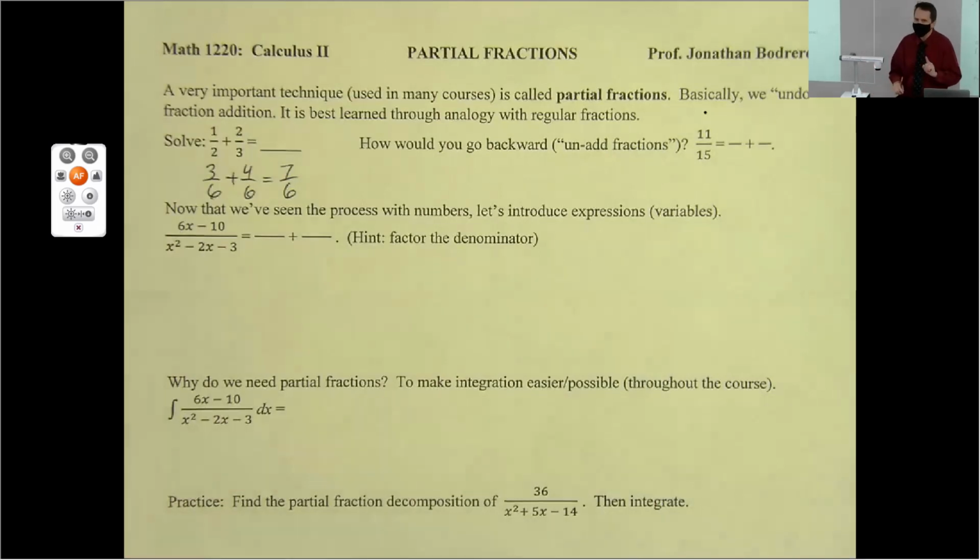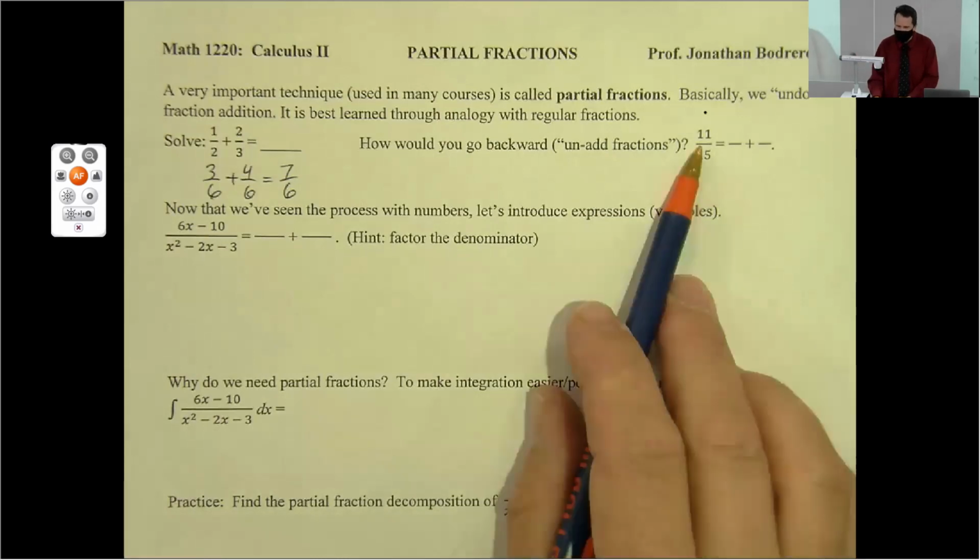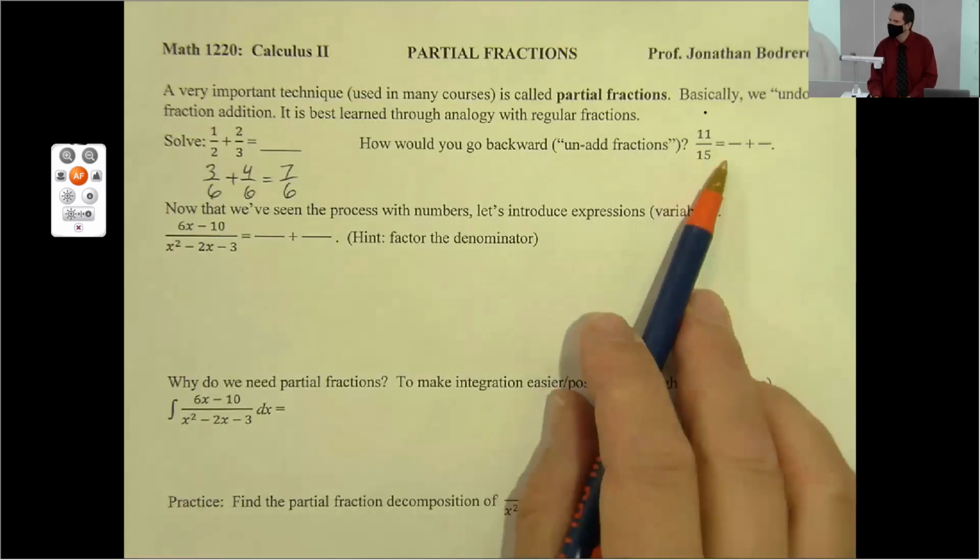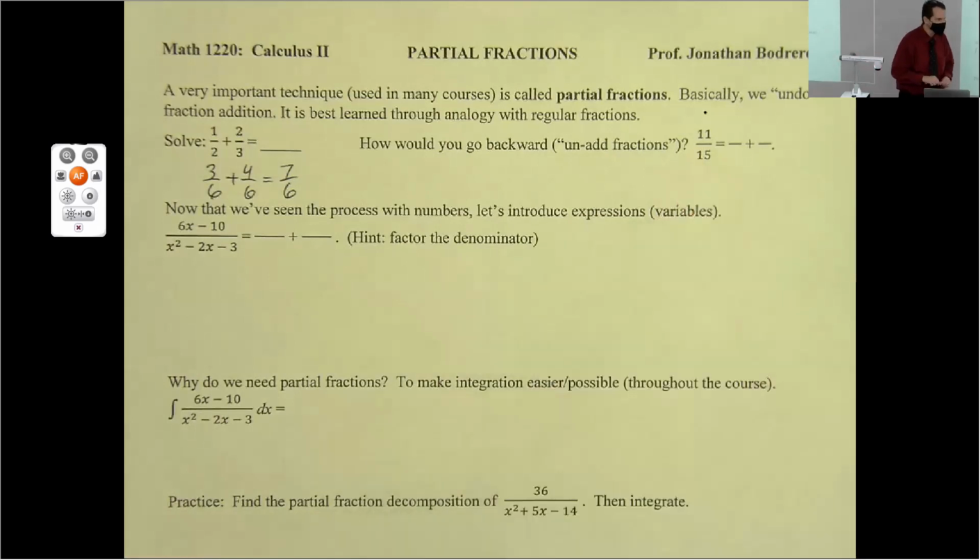What if I have you unadd the fractions? There could be several different options, but there's usually an easiest option. So for example, if I tell you that I added 2 fractions and got 11/15, what are the 2 fractions that I added together? 6/15 and 5/15.